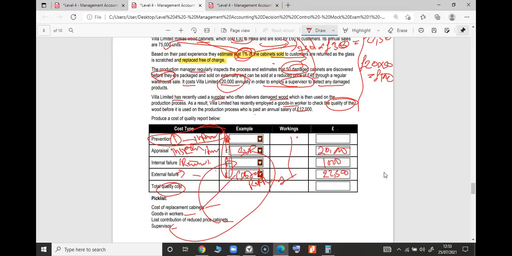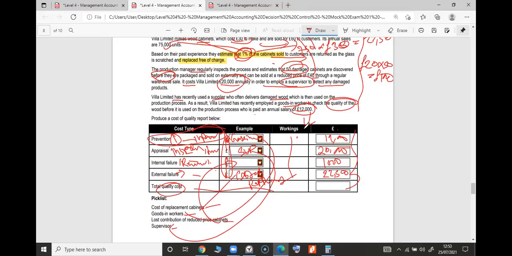This is called design. Testing at the beginning is prevention cost. If you spend 12,000 now, later on it will not cost you more. So the goods in worker is your answer. How much? 12,000.